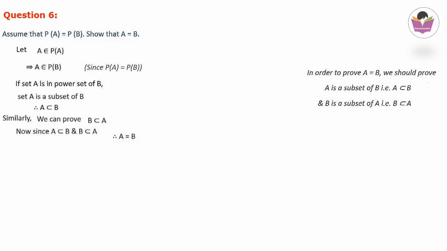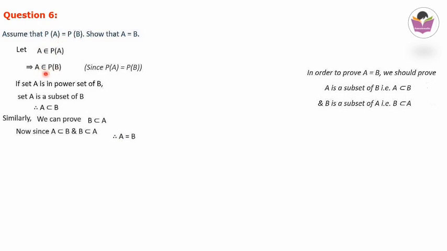Once again, let me explain this. First of all, we take a particular set, set A. A is a member of P of A, the power set of A. Power set of A means all the subsets of A collected together. From there, one element is A. Since P of A and P of B are equal, A is an element of P of B as well.